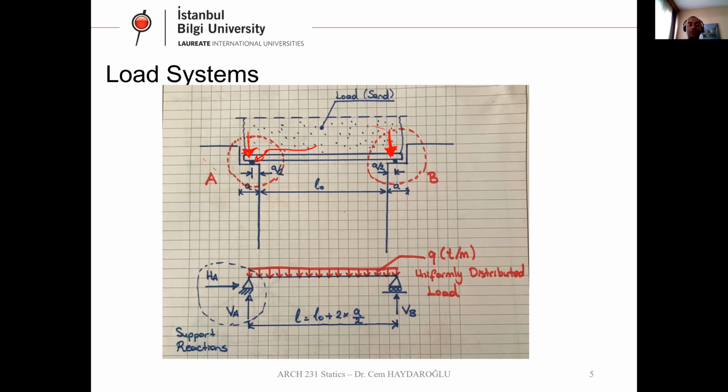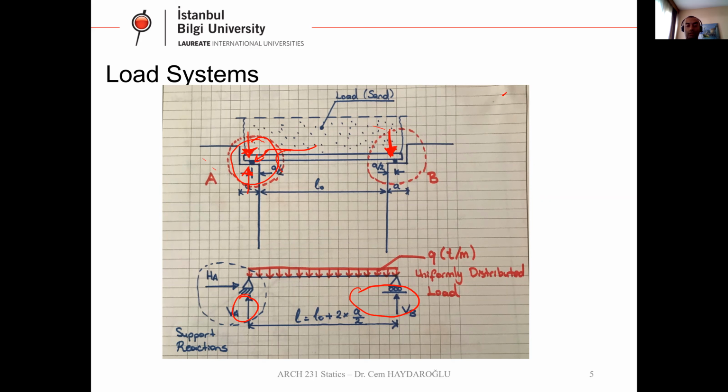So remember the action-reaction principle we talked about in the first week. Etki tepki, action-reaction principle. So if I give a vertical reaction here, this support gives back a vertical reaction, but in the opposite direction. So you can see here, these are the support reactions.